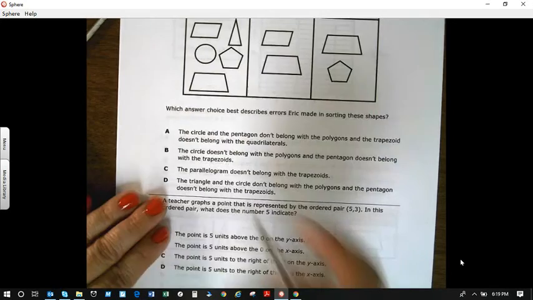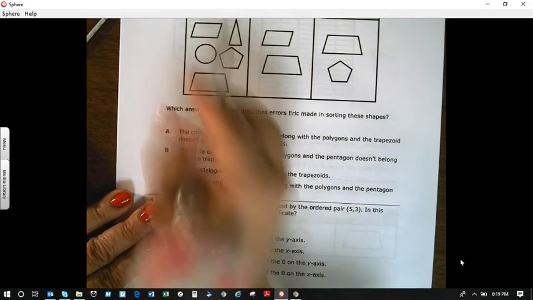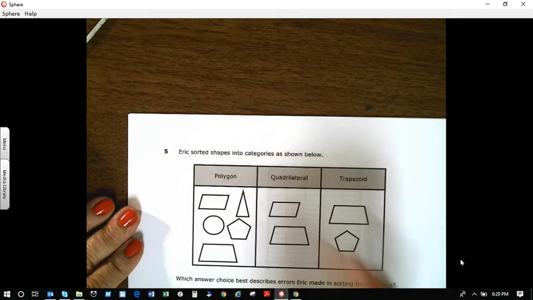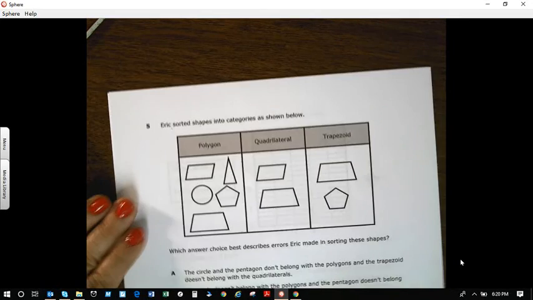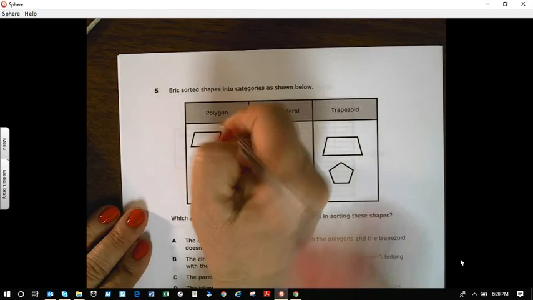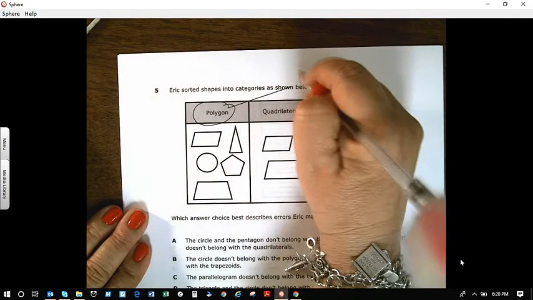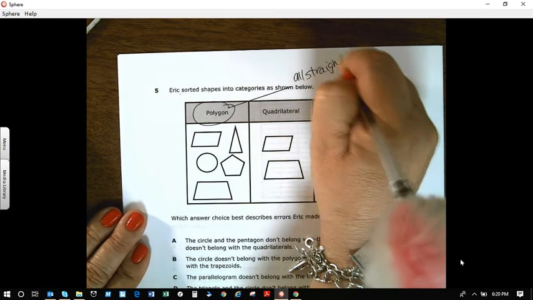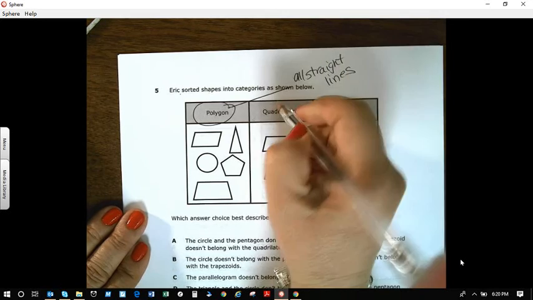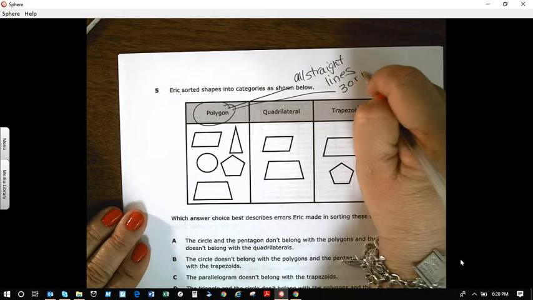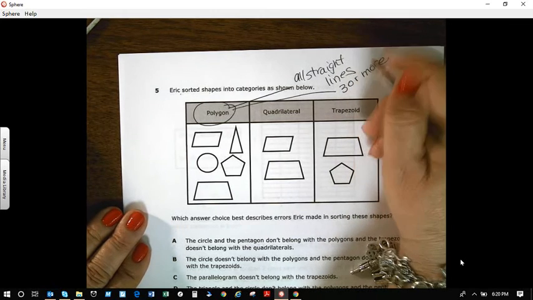Number 5. Eric sorted shapes into categories as shown below. Okay, we've done this in class, a different way. We were doing it in a Venn diagram, but it's all still the same. Polygon. We said that a polygon has all straight lines. We also know that a polygon has to have 3 or more sides.